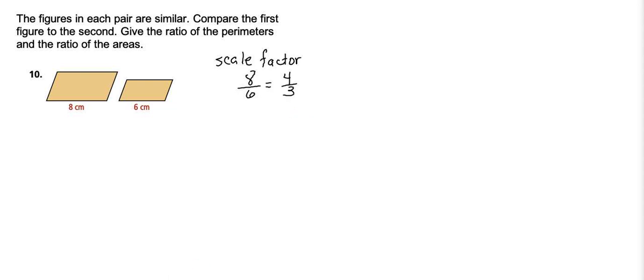We're also supposed to find the ratio of the perimeters. Okay? So the ratio of the perimeters would be the very same. So if the scale factor is 4 to 3, ratio of the perimeters also 4 to 3.